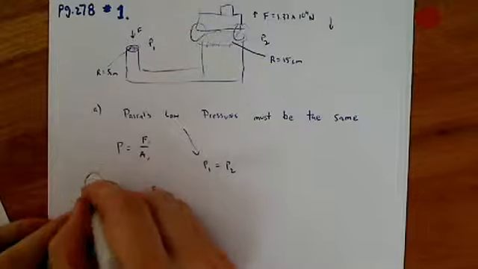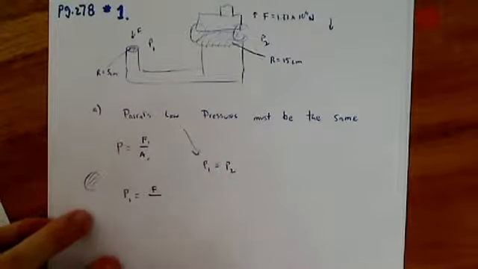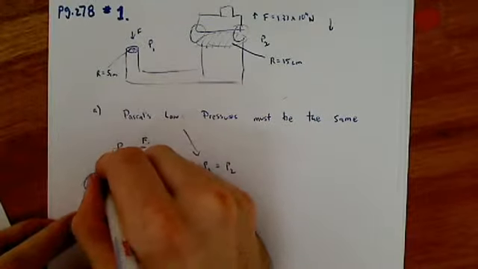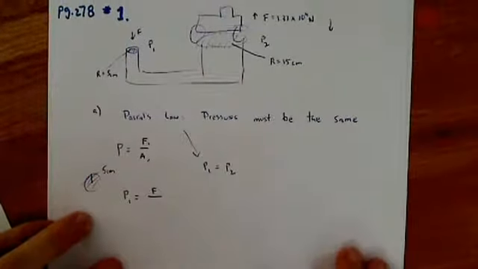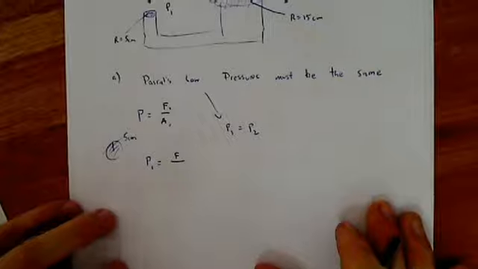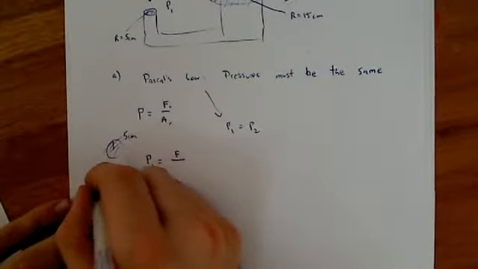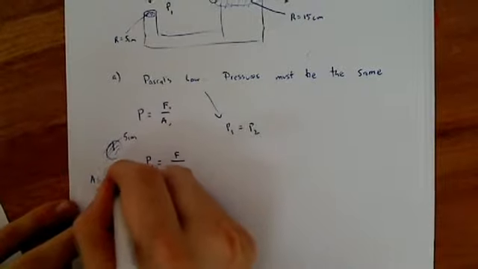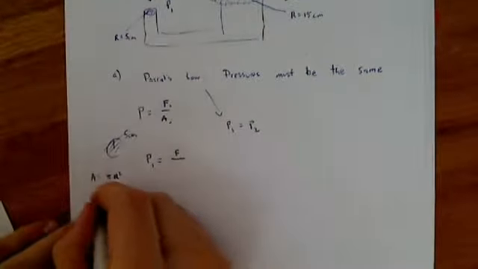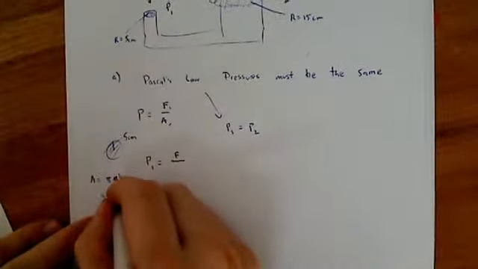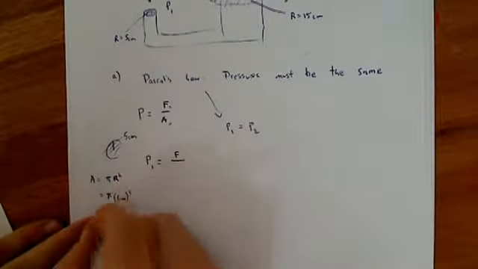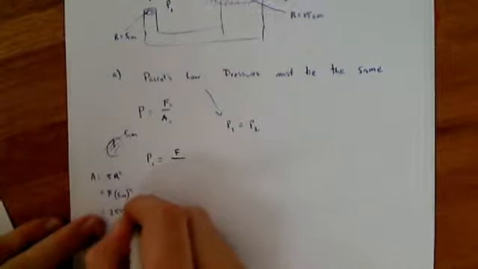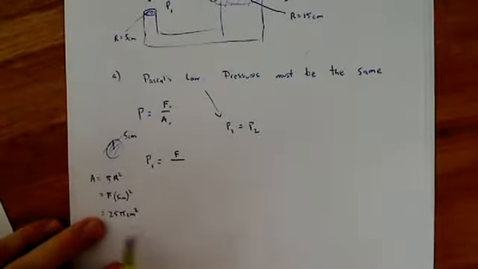So if we have a circle, a piston, which is a circle, and our radius is 5 centimeters. The area of that circle is pi r squared of any circle. So we sub in 5 centimeters to give us the area.